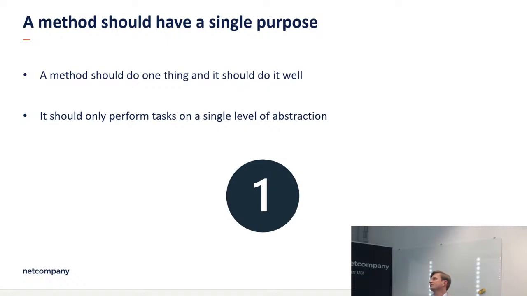A method should have a single purpose, just like I showed you before. It's good to have separate methods for returning the nth element of Fibonacci and a separate one for returning the range of n first Fibonacci elements.